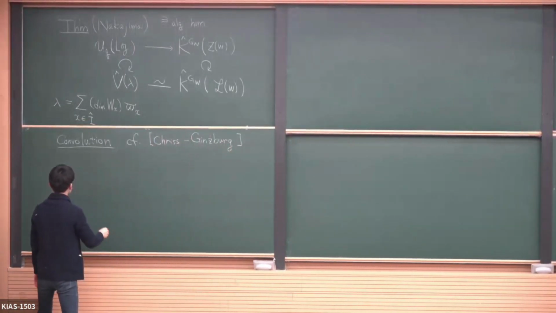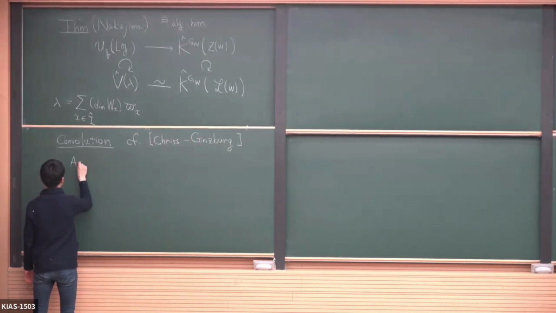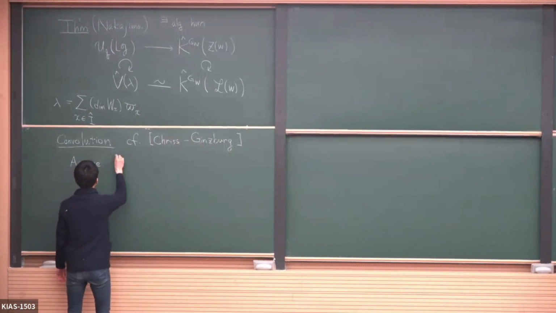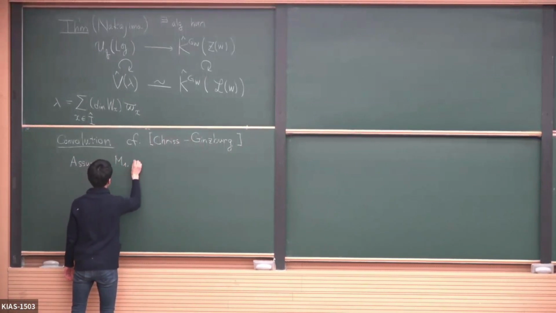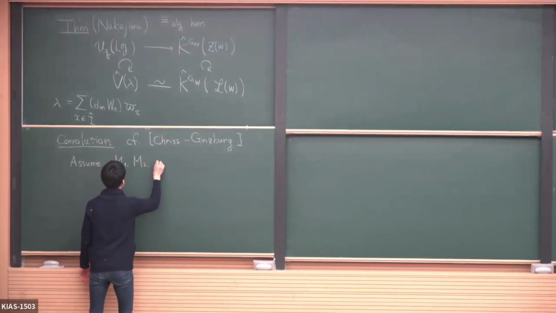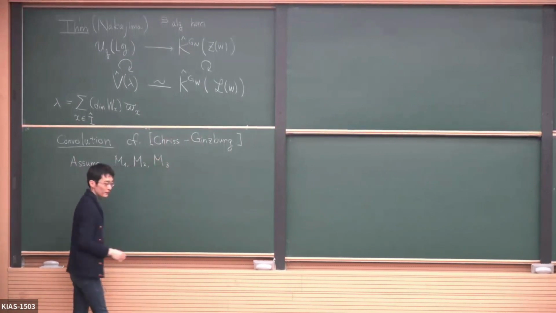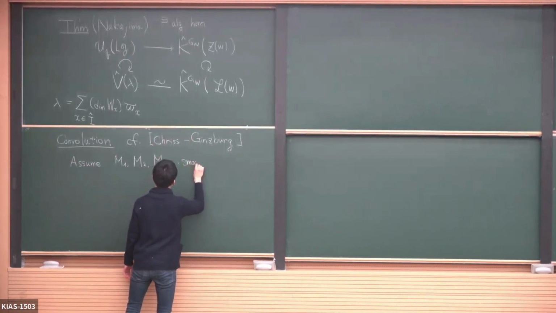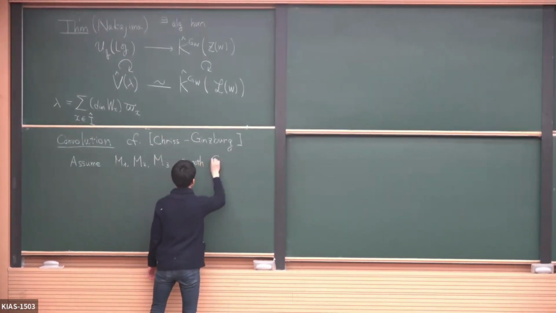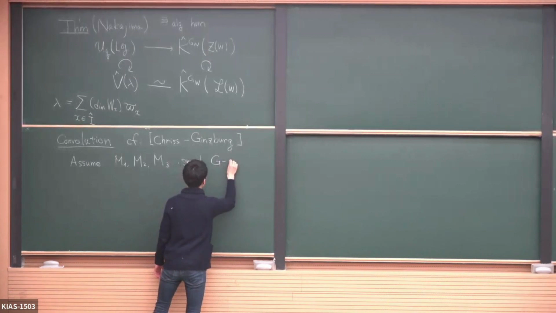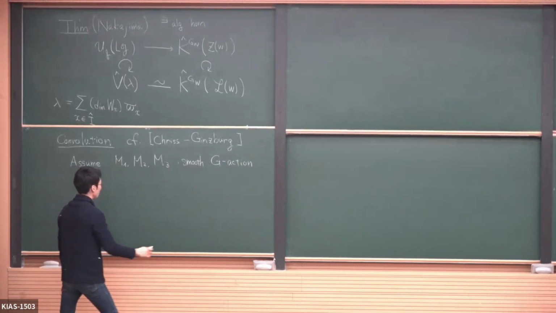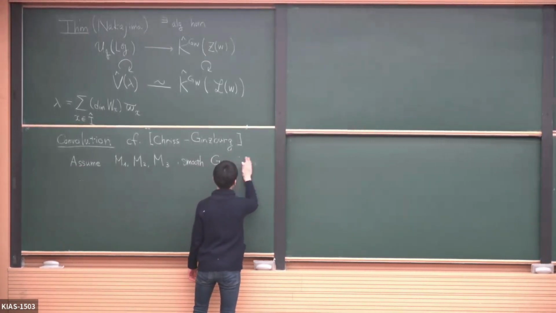So the setting is the following. We assume that we are given three spaces, M1, M2, M3, and they are smooth varieties. And they have an action of a reductive group G, smooth G-varieties.